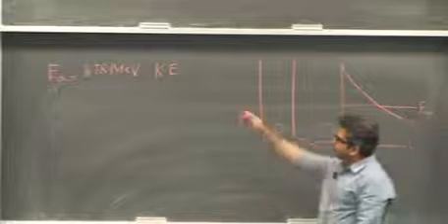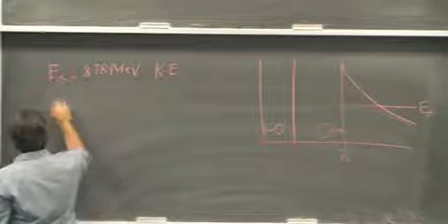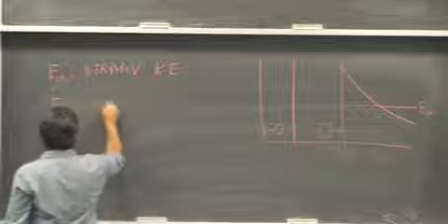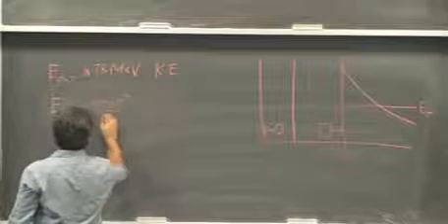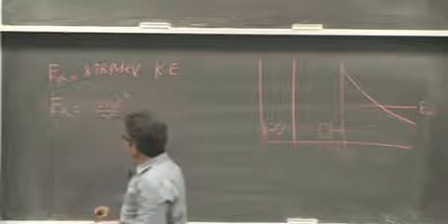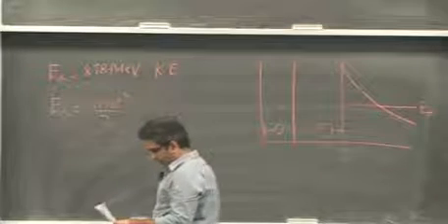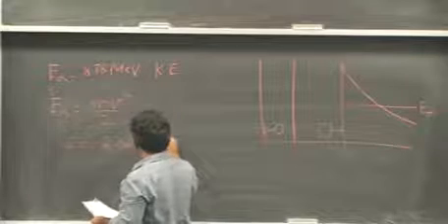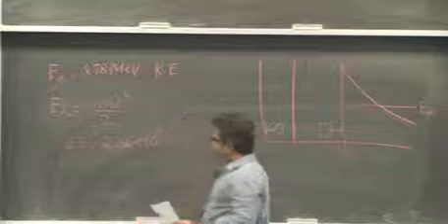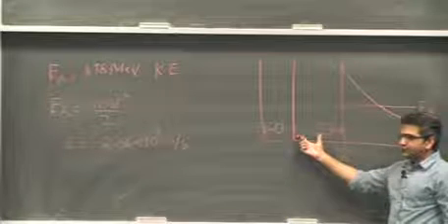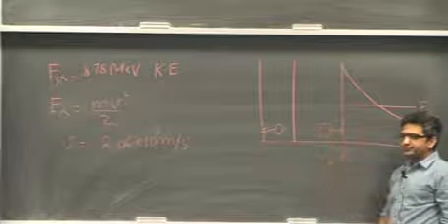So, if this is the kinetic energy, you can calculate the velocity of this alpha particle, which is half mv squared. From there you get the velocity, and the velocity turns out to be 2.06 times 10 to the power 7 meters per second. So, the frequency with which it hits this wall would be what?